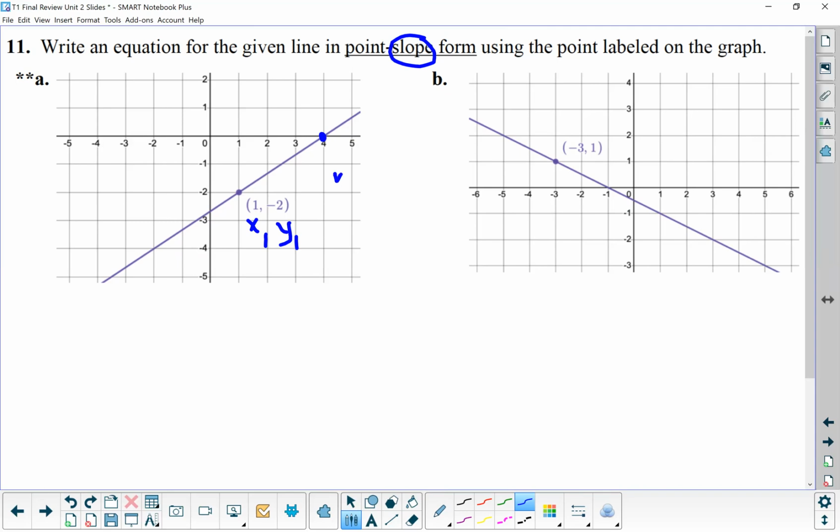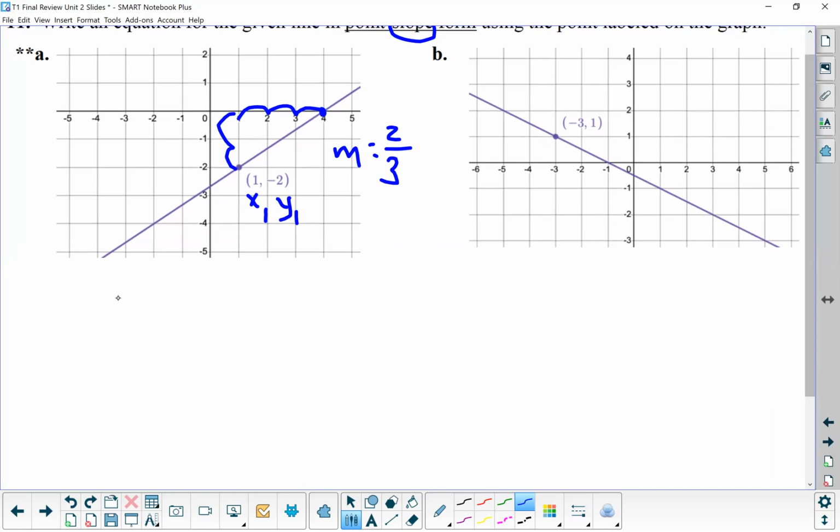So the slope is up 2 over 3. Our point slope form: y minus y1 equals m times x minus x1.